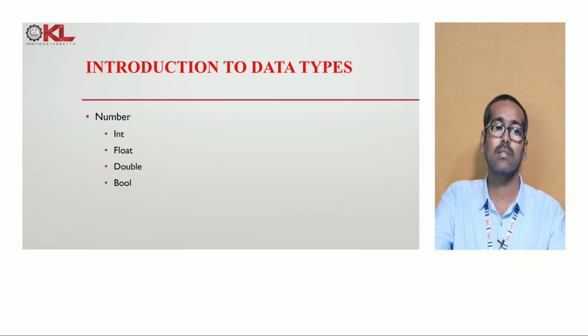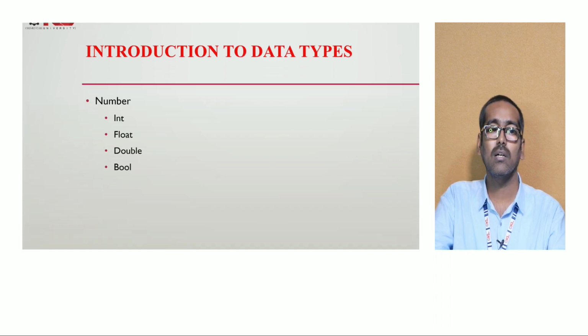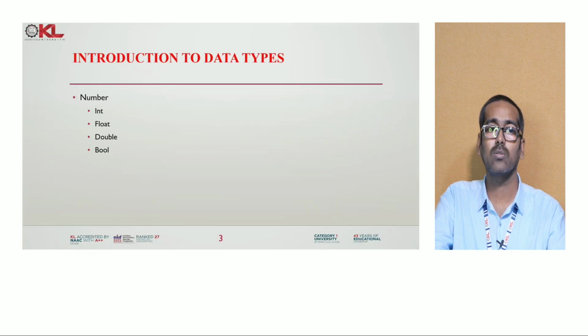These four come under a naming data type called number. So int comes under number, float comes under number, double, which we call double precision, comes under number, and boolean also comes under number. In the next slide we will see the other data types, which are very crucial in nature.